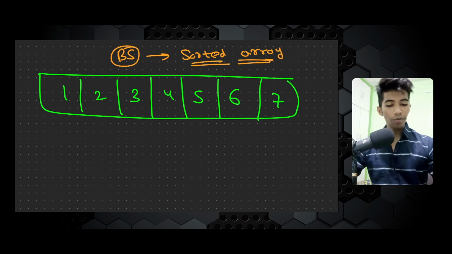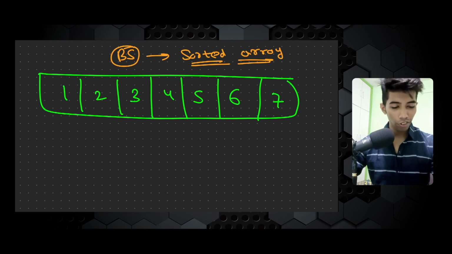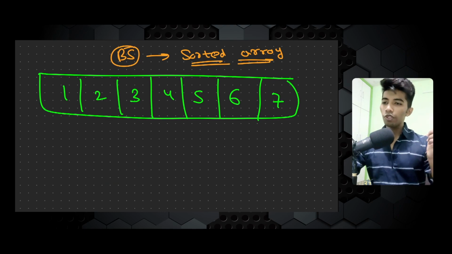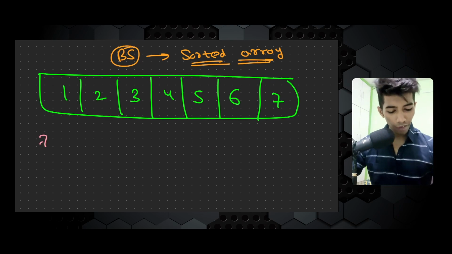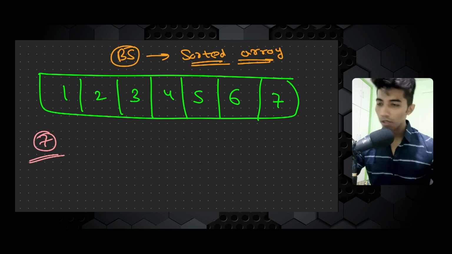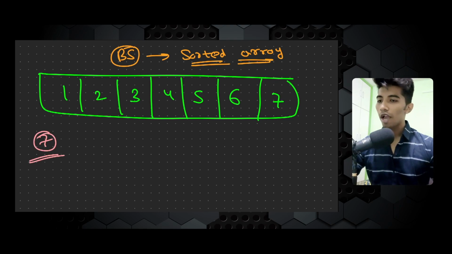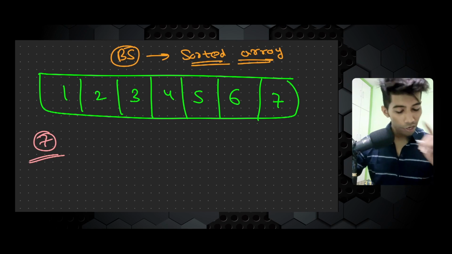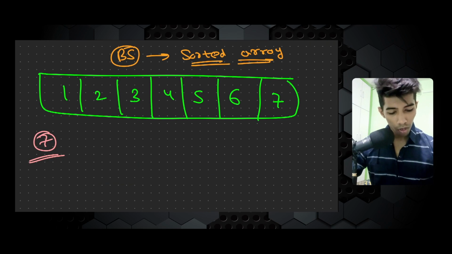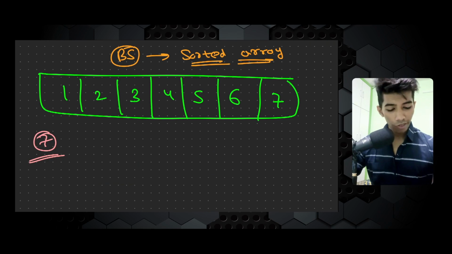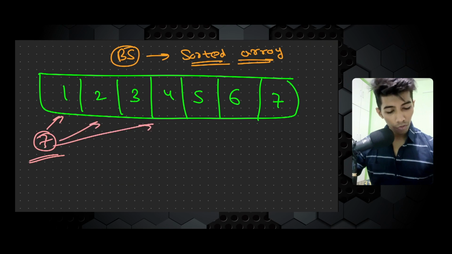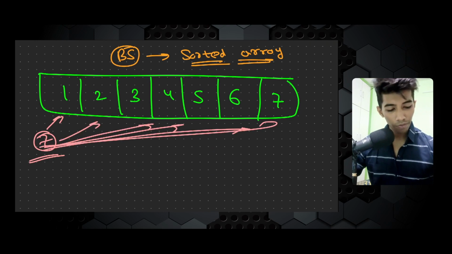So what is the reason behind binary search? Let us suppose I want to search 7 here. Now remember one thing. In the linear search, I am searching one by one through every element.